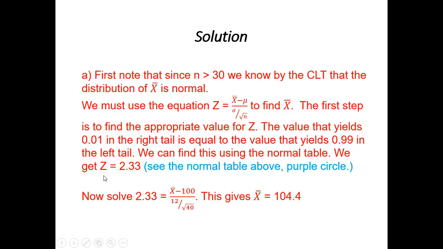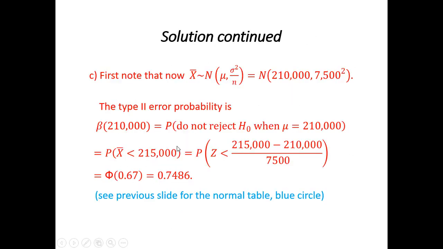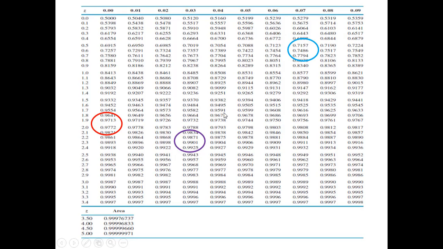So here you can see I've said we get z is 2.33, and I've identified this on the table with the purple circle. So let's take a look. Right here, the idea would be I'm searching the table. I start in here first, and I try to get as close as I can to 0.99.